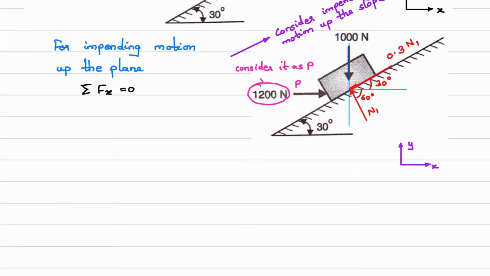So P is towards the right, plus P. Then the x component of friction force is towards the left, so minus 0.3 N1 cos 30, and the x component of N1 is also towards the left, so minus N1 cos 60 equal to 0.